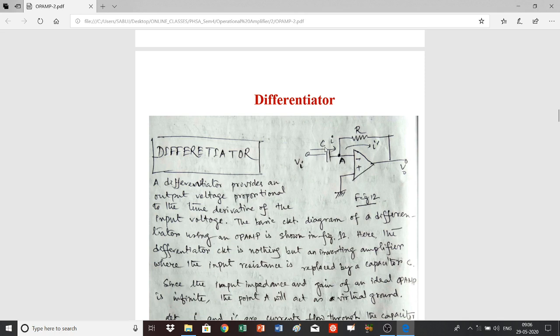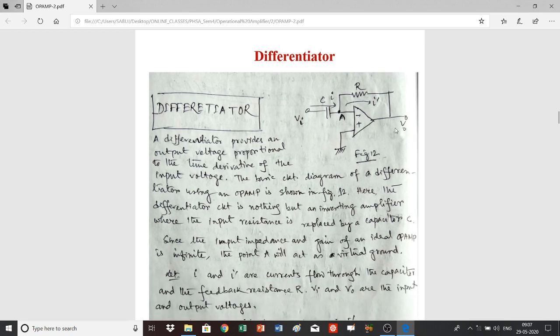In this case capacitor C is used at the inverting input terminal, and R is used as the feedback resistance. In a differentiator, the output voltage is proportional to the time derivative of the input voltage applied at the inverting input terminal, and the non-inverting input terminal is grounded.